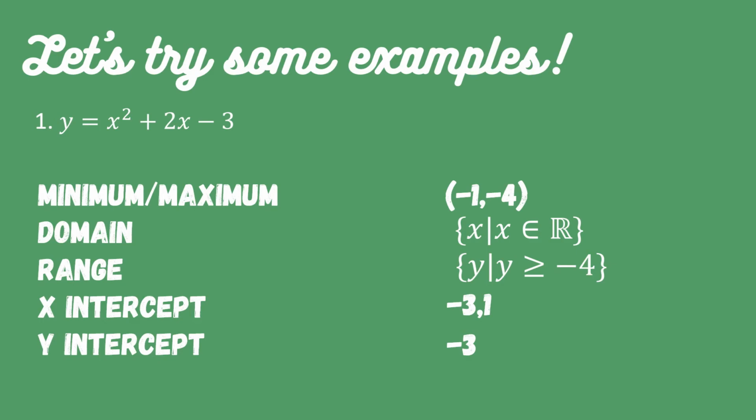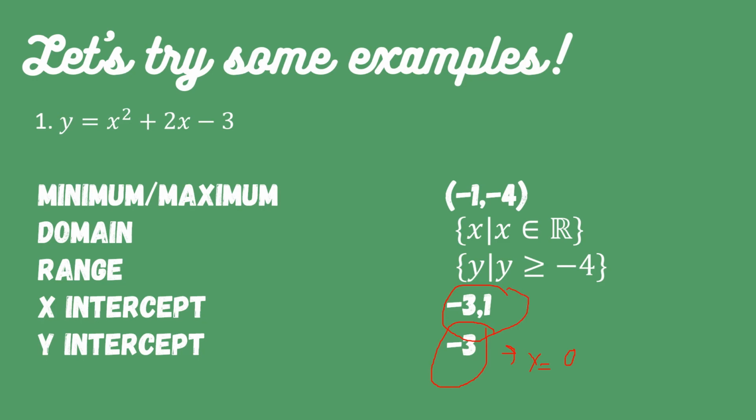So how did we get that? So the y-intercept is the point wherein tumatama siya sa y-axis. And then the x-intercept are the points na tumatama sa x-axis, which means when x is equal to 0, -3 ang magiging sagot.